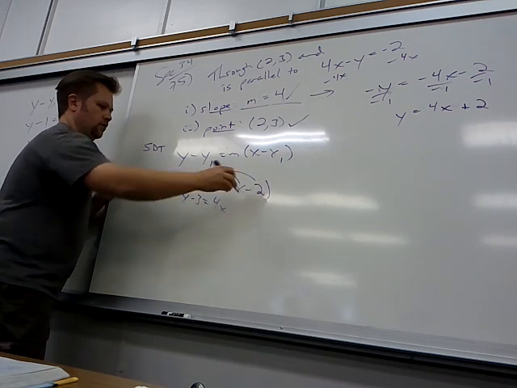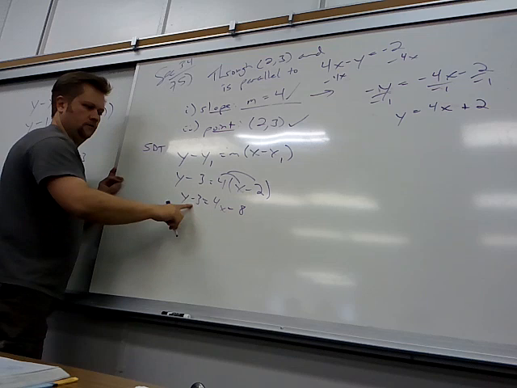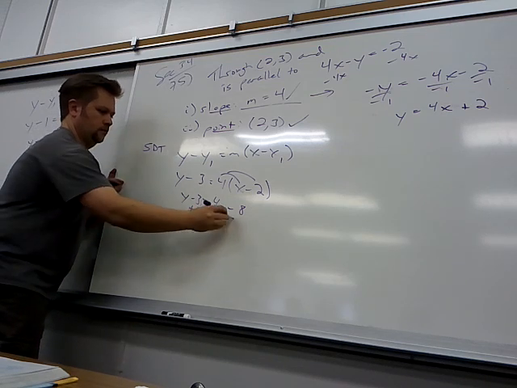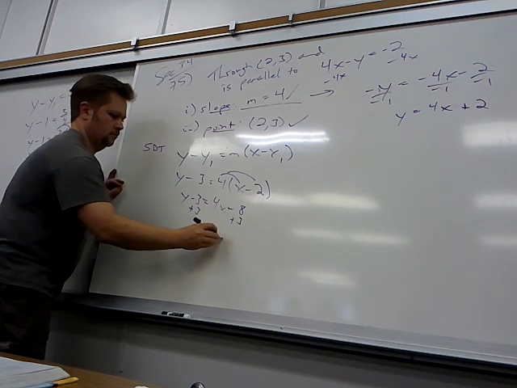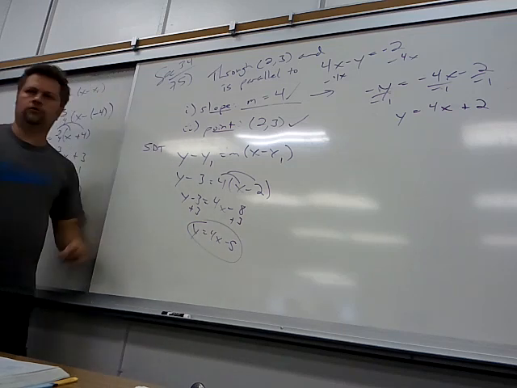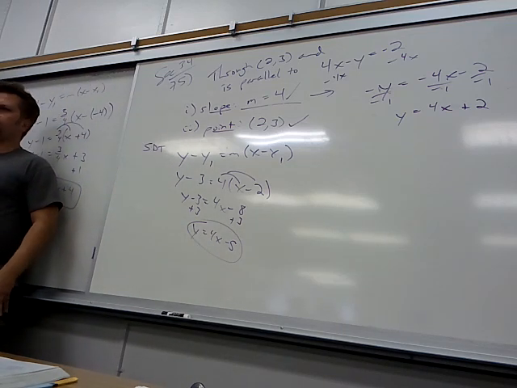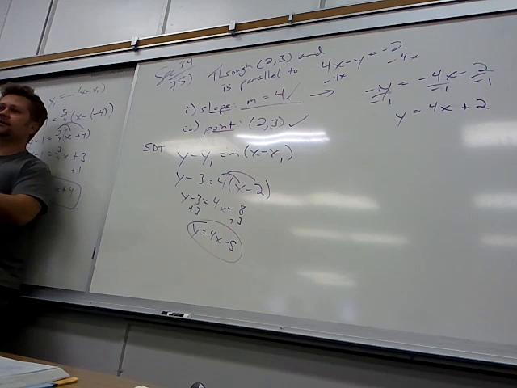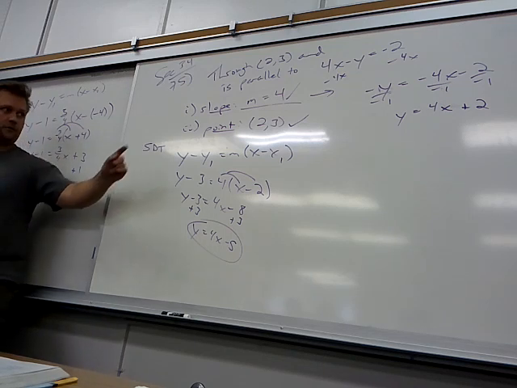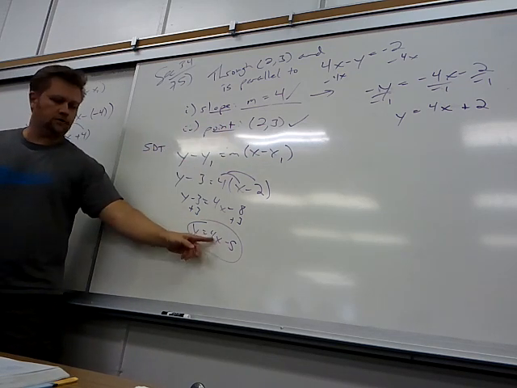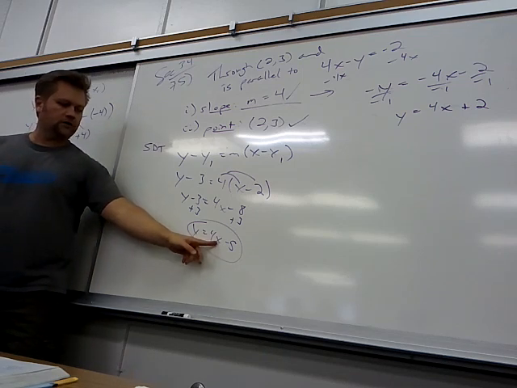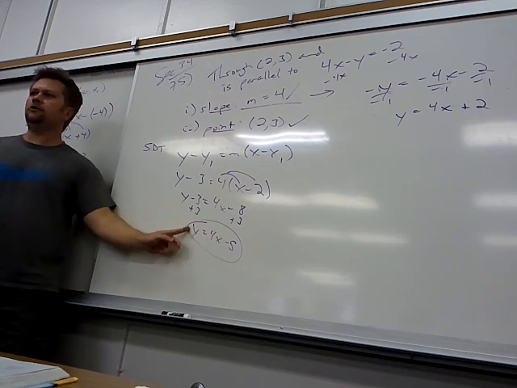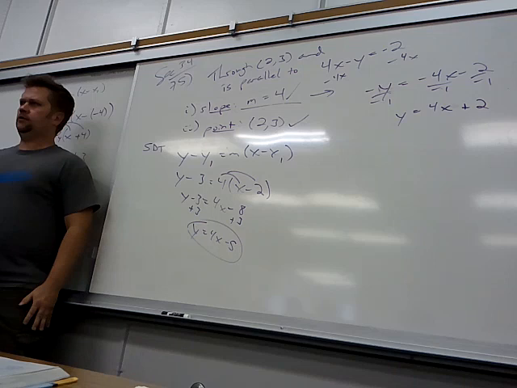So 4x minus 8, add 3, so 4x minus 5. How do you check yourself? You just plug in (2, 3) and make sure that it works. Twice 4 is 8, minus 5 is 3. (2, 3) works.